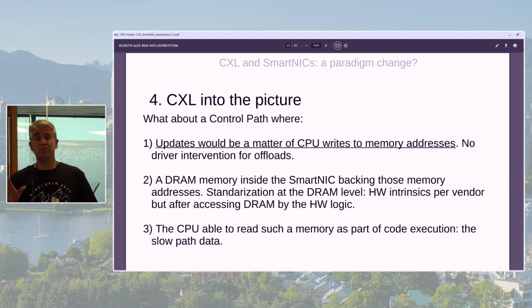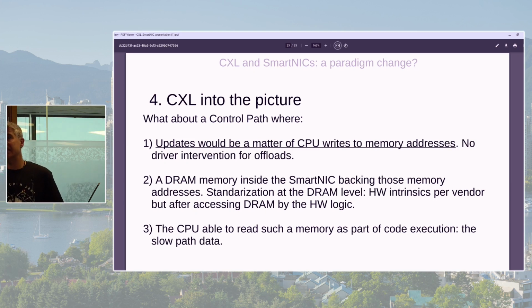And if you have some specifics, some intrinsics of the device, and you are doing that right now in CPU cycles in the host, why not do that in the hardware? And then the burden is on the hardware vendor, right? So I think it could be good to have a standardization at the DRAM level. After that, you can have your intrinsics. And this is the point.